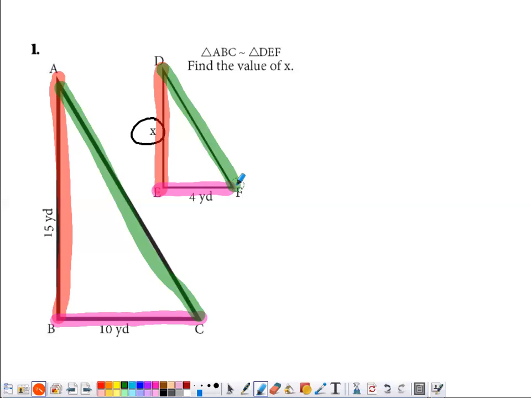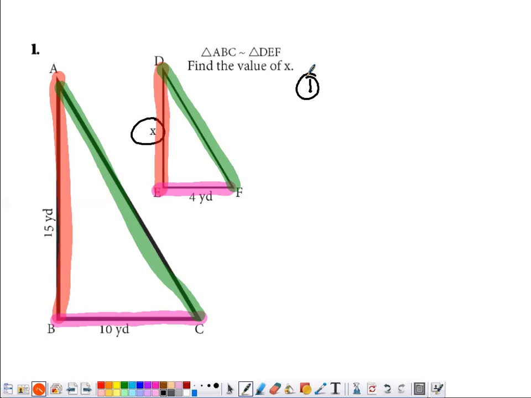Now I need 2 sets of corresponding sides. There's 2 types of sets that I need. I need one set that has the unknown. Where's the unknown?